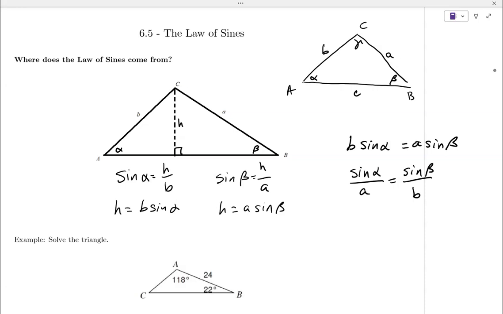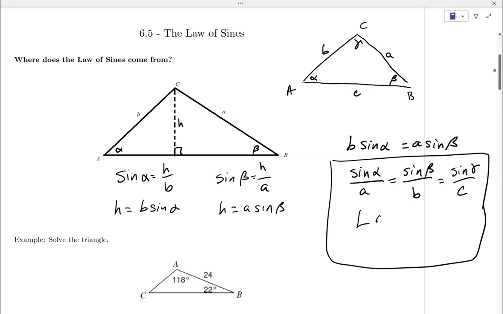So I can actually set this equal to sine of gamma over C, and this is what's known as your law of sines. Those ratios all have to be the same in the triangle, no matter what triangle it is.